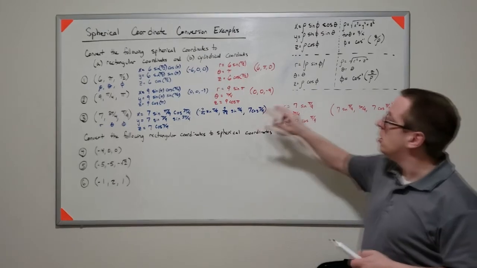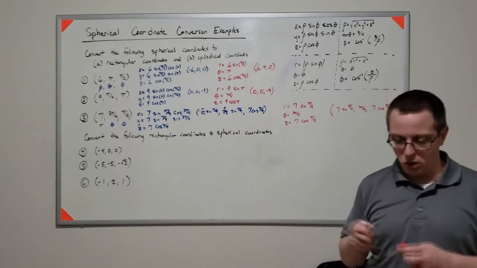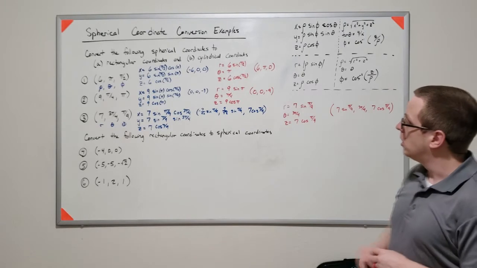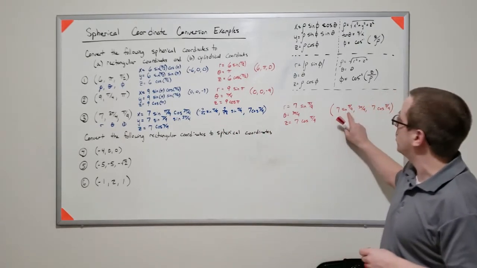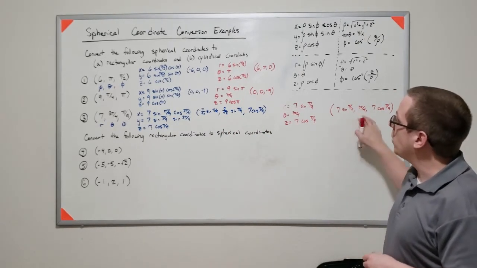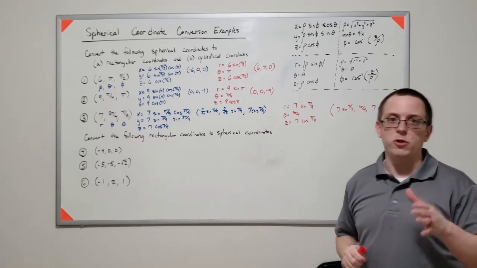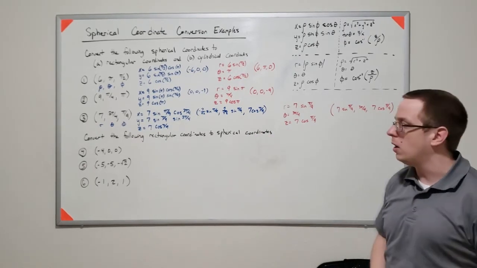And this matches that coordinate in terms of the values, because if you take this squared plus that squared, you're going to get that.